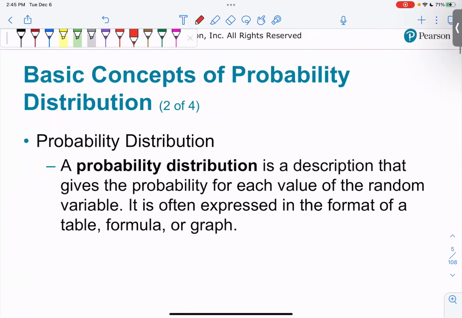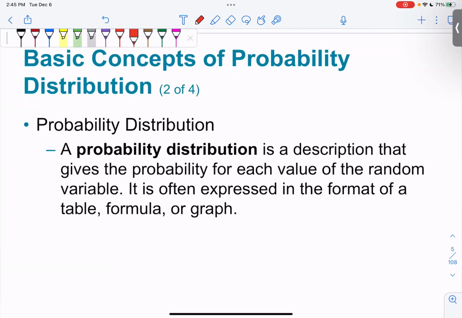And then a probability distribution, which is how to study the behavior of that random variable, how the data will change maybe over time or over different values of this random variable.